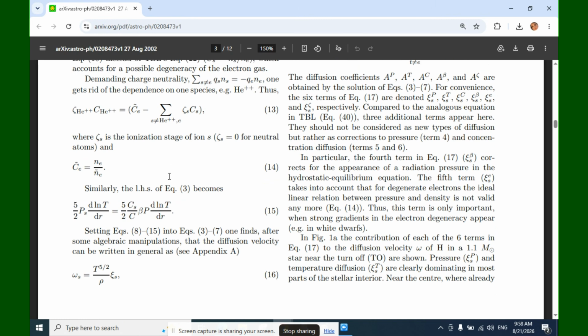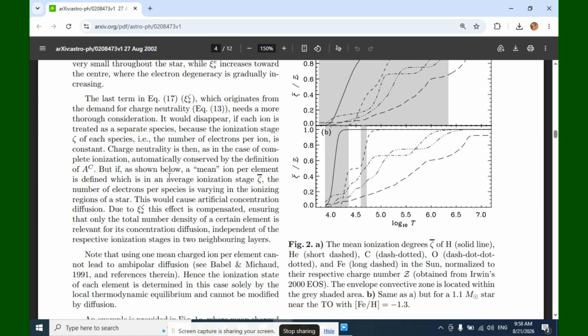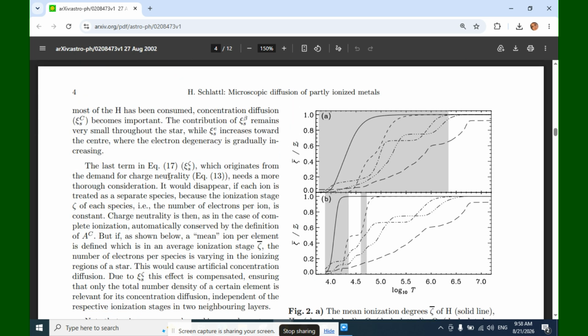Near the center, where already most of the hydrogen has been consumed, concentration diffusion zeta s to the power of C becomes important. The contribution of zeta s to the power of beta remains very small throughout the star, while zeta s to the power of e increases towards the center, where the electron degeneracy is gradually increasing.